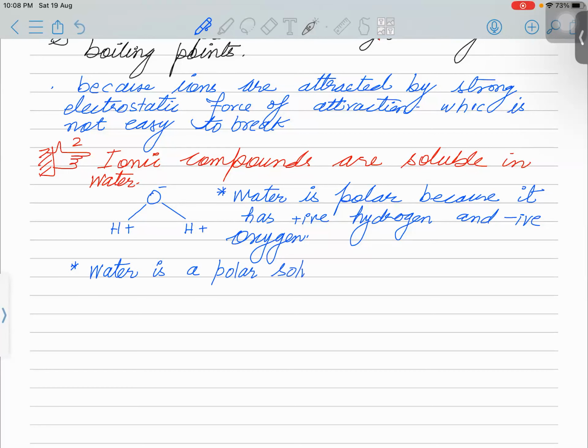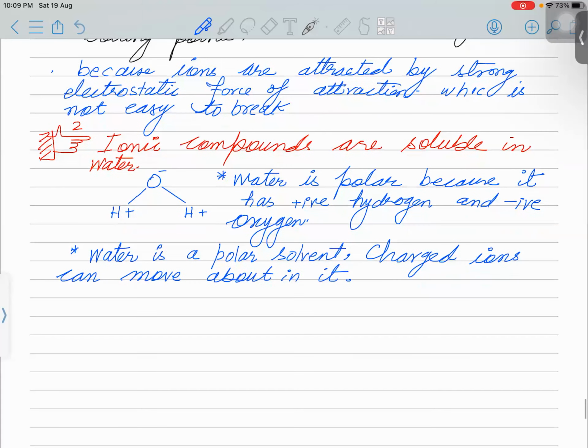So water is a polar solvent, and charged ions can move about in it. Now ions can easily move.